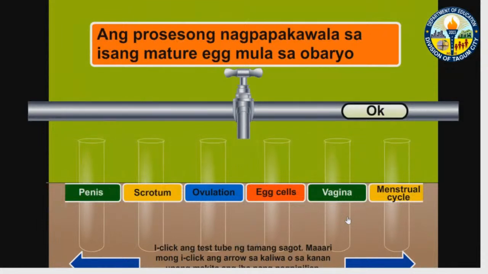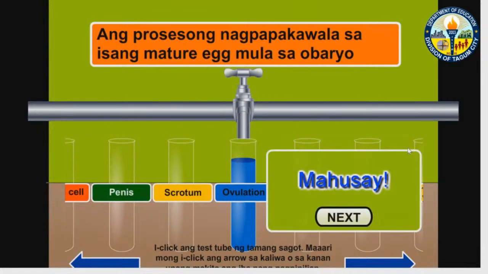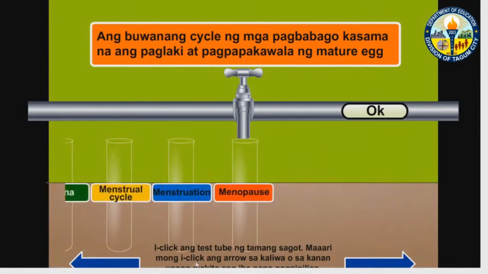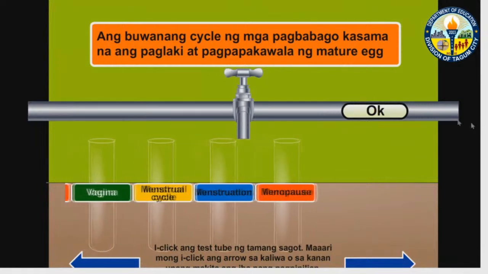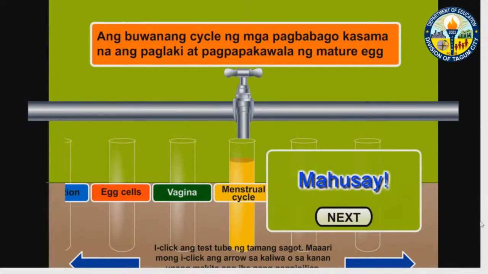Ang proseso na nagpapakawala sa isang mature egg mula sa ovaryo. Mahusay. Ang buwan ng cycle ng mga pagbabago kasama na ang paglaki at pagkawala ng mature egg. Mahusay.